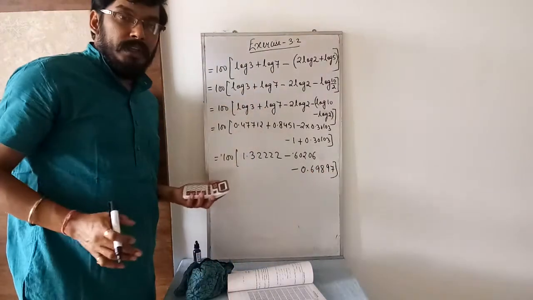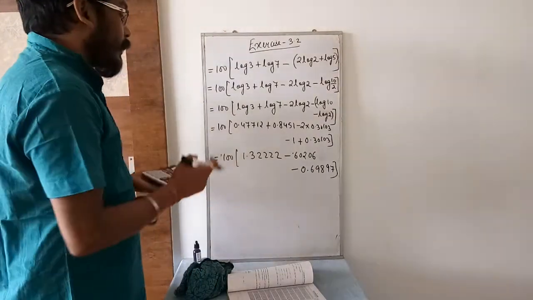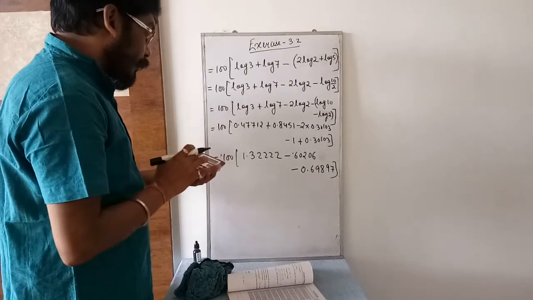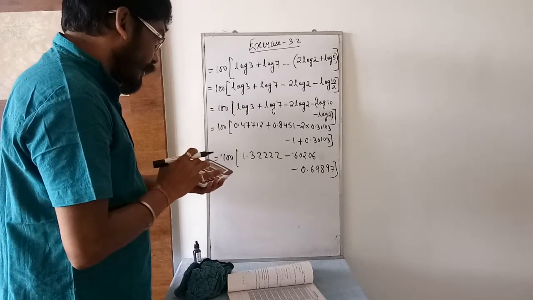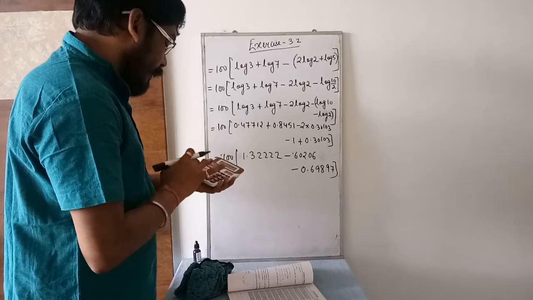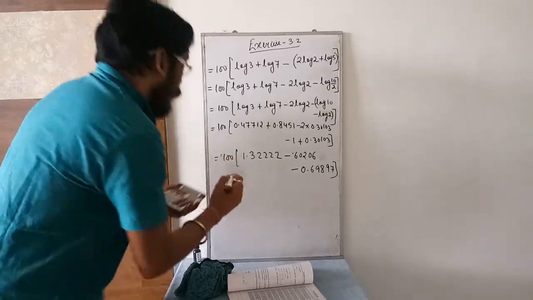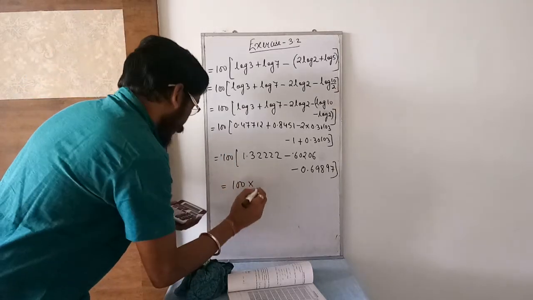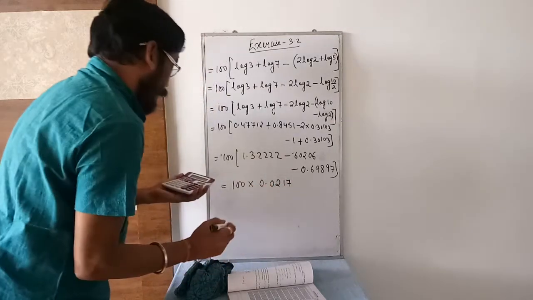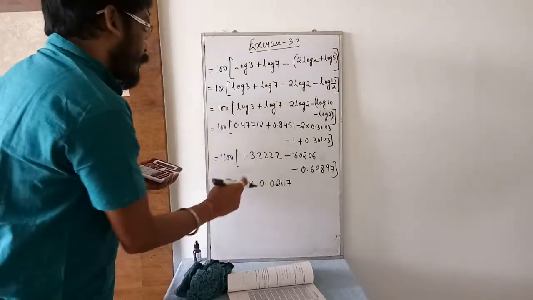By chance, while doing this, if I do any calculation wrong, please rectify the mistake by yourself. Now what is the final? It is 100 into 1.3222 minus 0.60206 minus 0.69897, which is 100 into 0.0217.